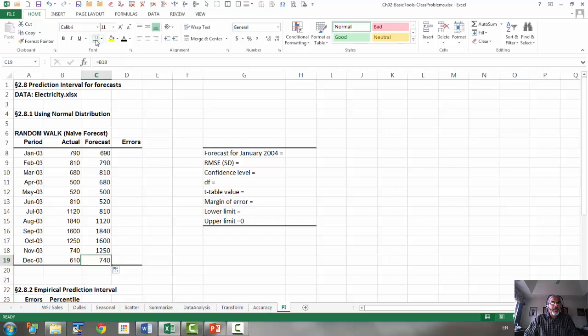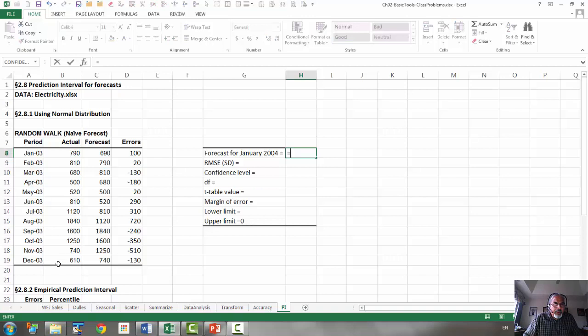Okay, and then the errors are actual minus forecast. Now the forecast for 2004 will be the actual value of the previous time period, so that's our forecast.